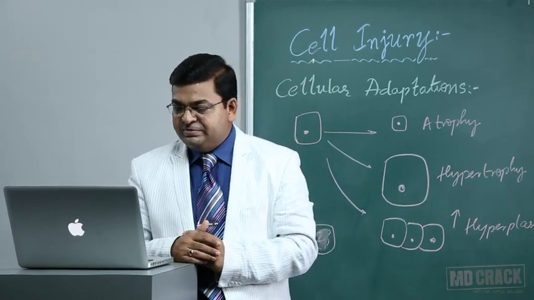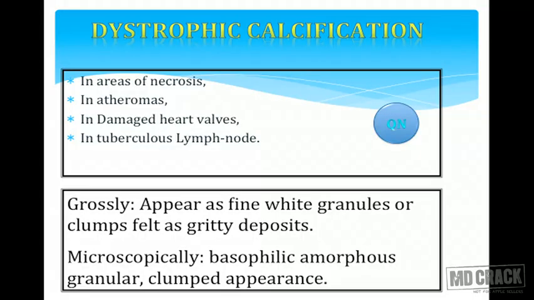Damaged heart valve leaflets can undergo calcification, like what happens in the mitral valve in rheumatic heart disease. They can be calcified and show the dystrophic type of calcification. Tubercular lymph nodes, especially the cervical lymph nodes, can be totally converted into calcified masses. So that's again an example of dystrophic calcification.